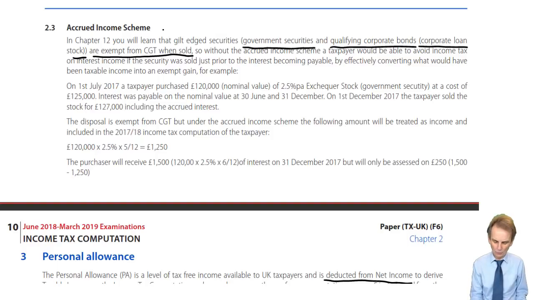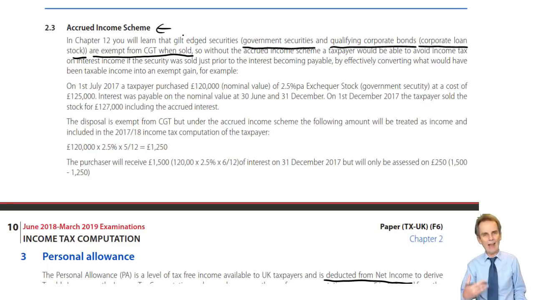And what this meant before this so-called accrued income scheme came in was that there was an advantage for a vendor to sell these securities shortly before an interest payment fell due upon them. The fact that there was another interest payment due in the very near future meant that the value of those securities would be increased to take account of the pending interest payment.